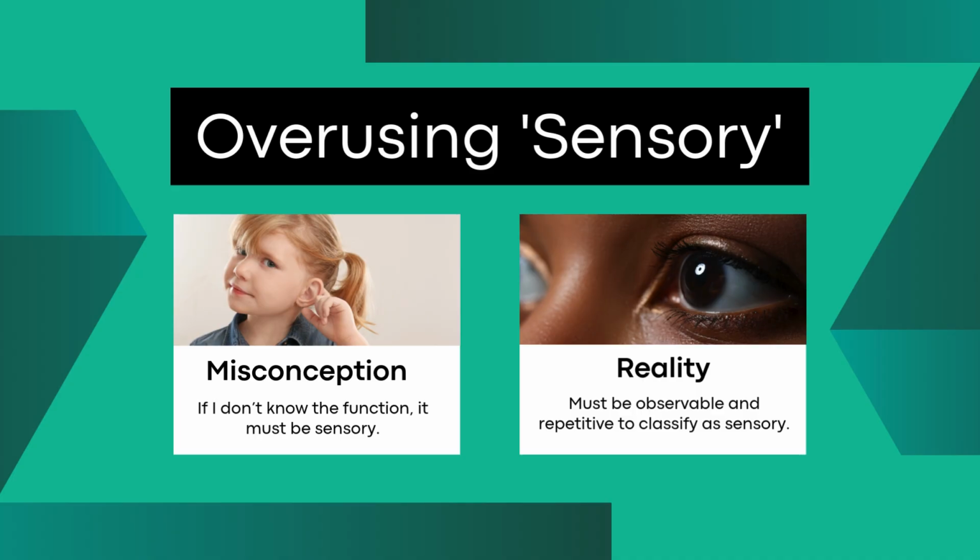This means it must occur in a consistent, patterned way, and we have to actually see it happening, not just assume it based on a hunch. So being accurate in how we label behavior ensures that we select the right interventions and do not accidentally reinforce the wrong function.